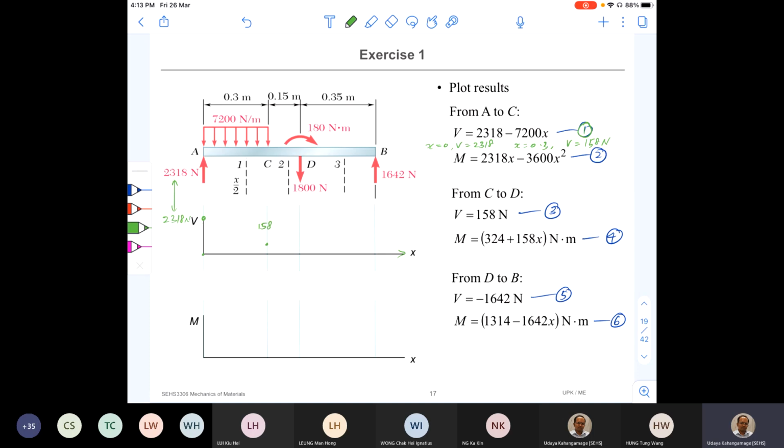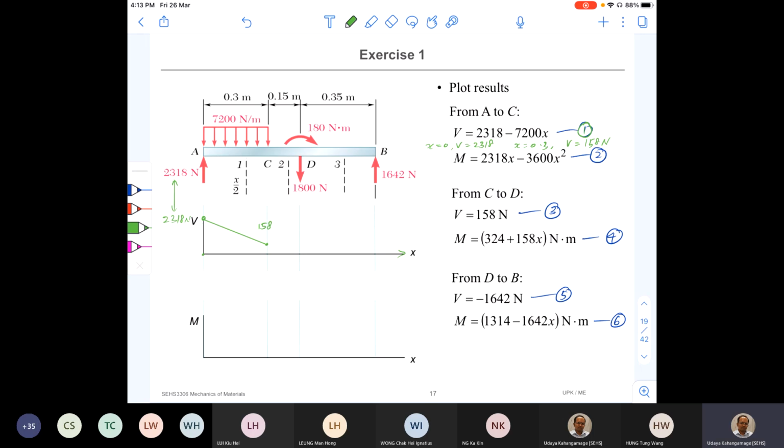In between, the shear force variation should be linear, because it's a function of x. So we can simply connect these 2 points and get the shear force distribution. It's a straight line. Let me draw a straight line like this.